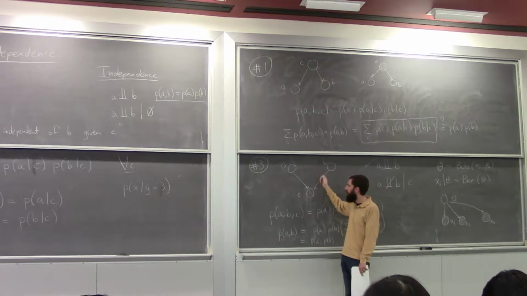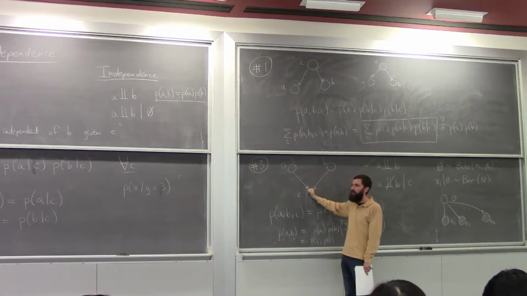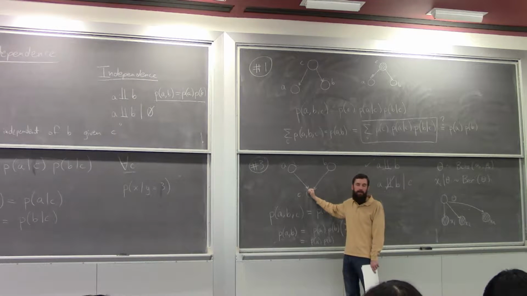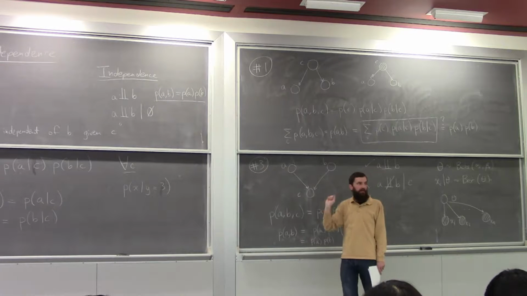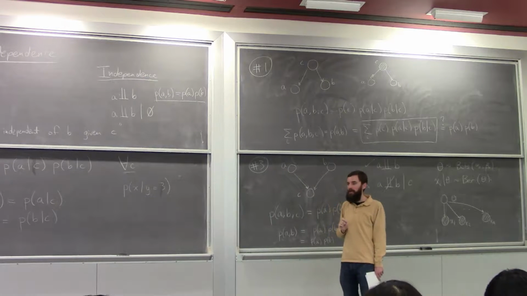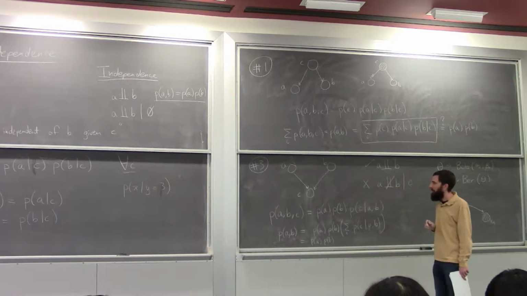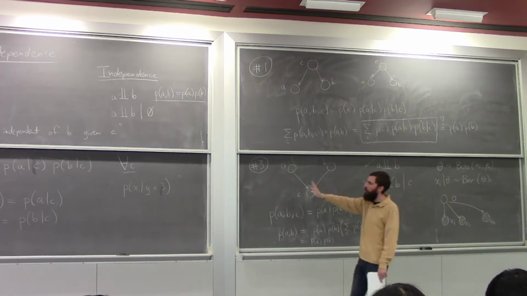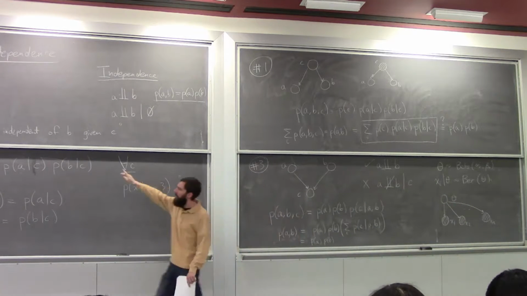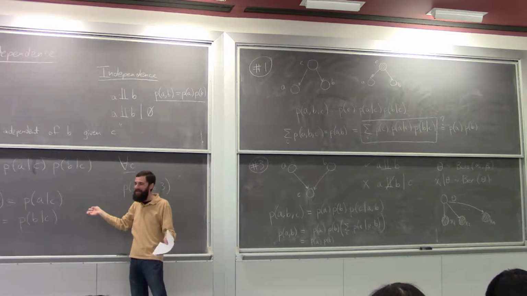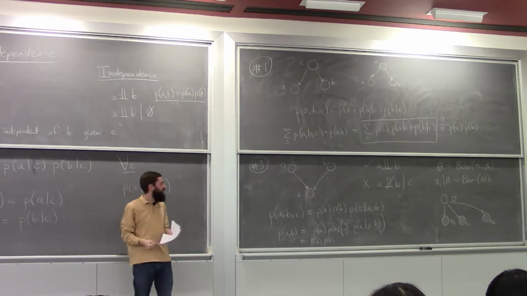They lose that independence if you then observe a third random variable C here. They no longer are independent. Okay? So they are still independent, but not conditionally independent.